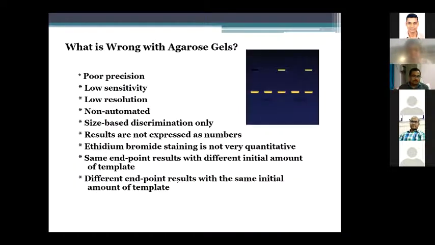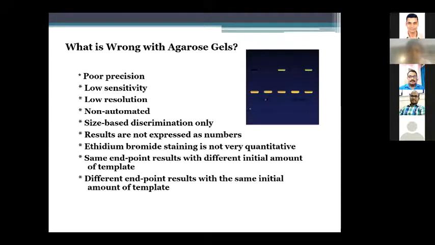So what is wrong with agarose gel based detection for a disease or for an amplification? This agarose gel has poor precision, low sensitivity, low resolution, is non-automated, and it discriminates by size only.